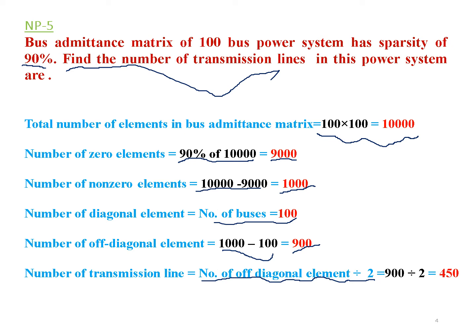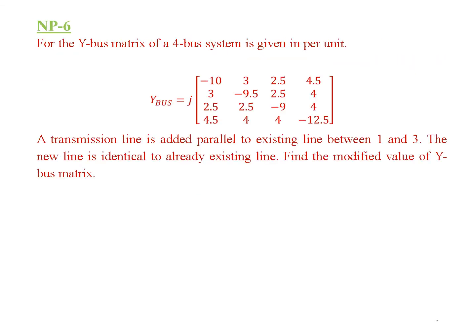Now you see the next problem statement. In this problem, a 4 bus Y bus matrix is given. So we have to find out the modified form of Y bus matrix after addition of another line which is between 1 and 3 parallel to the existing line.